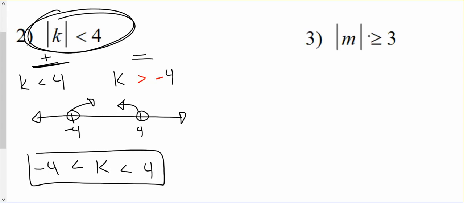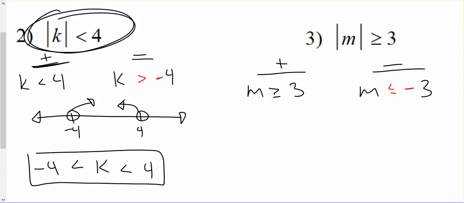So now it's a little bit different. If you'll notice, we started off less than here and we ended up being an AND equation. We're going to be a little bit different here because we're starting off being greater than. So here's what I mean. We've got our positive side where I say m is greater than or equal to 3, and we've got our negative side where we say m. We reverse our inequality symbol and we make this a negative instead of a positive 3, so now it's a negative 3.